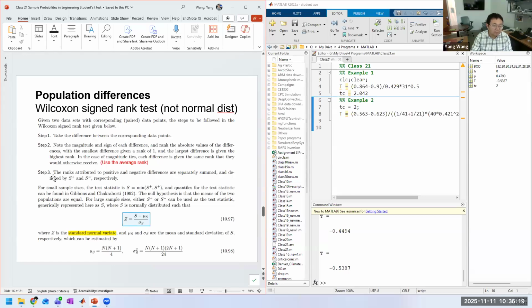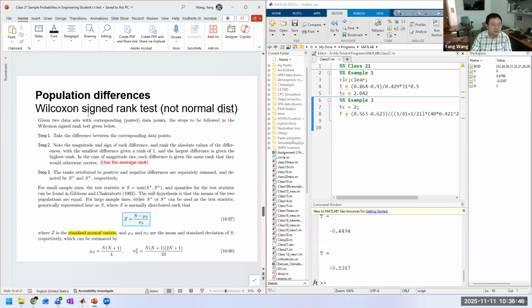And third, the ranks are attributed to the positive and negative differences, and are separately summed, right, and denoted by S plus and S minus. So basically what that means is that we further separate these ranks based on whether they are positive differences or negative differences, and then we separately sum all of these positive ranks and the negative ranks.